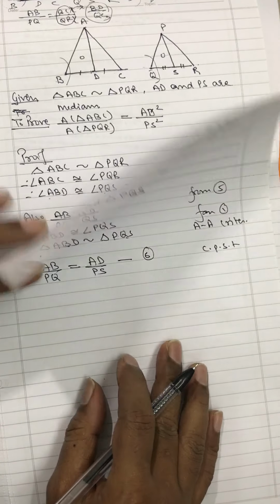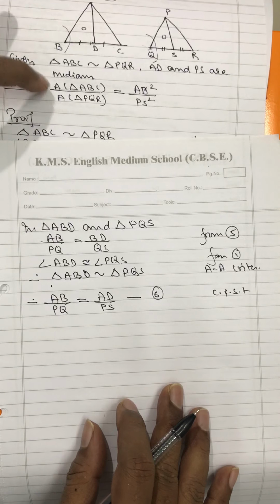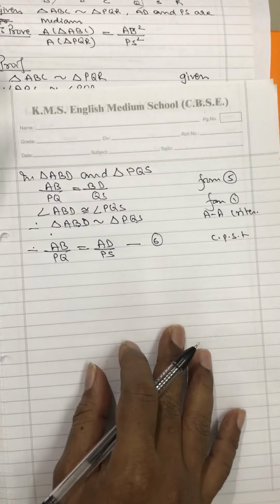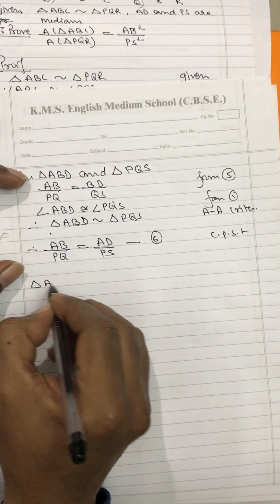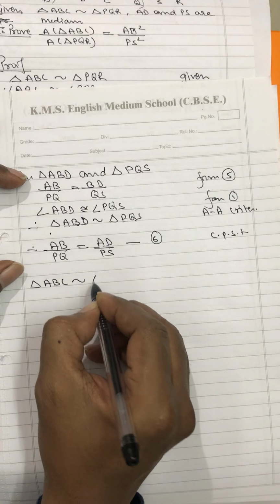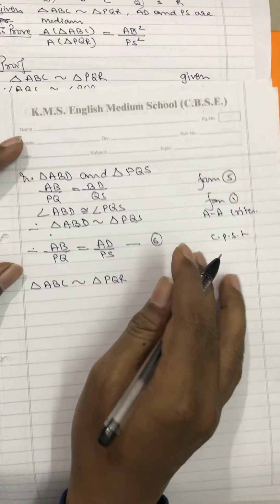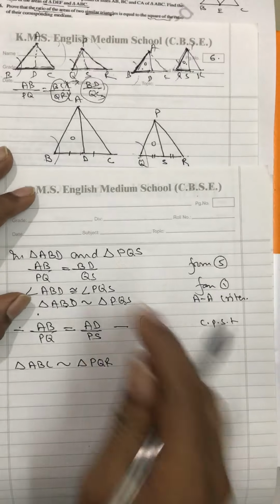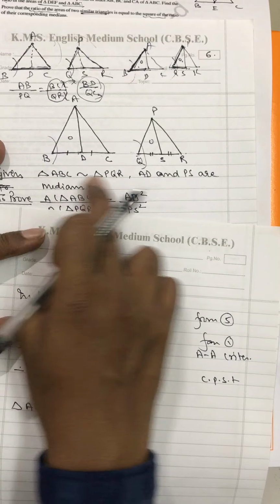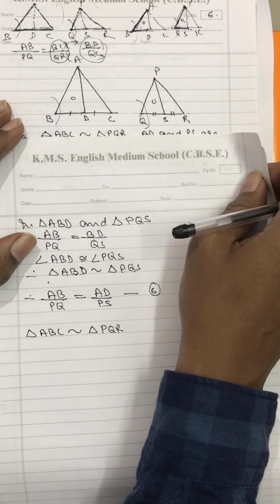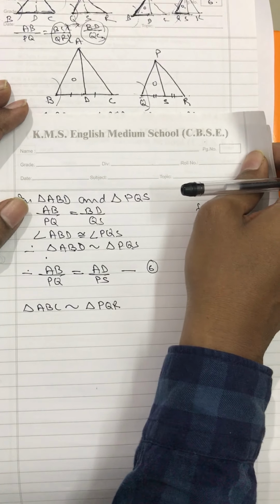Now you will again bring it to notice. Again, now you have to reach over here. Now triangle ABC is actually similar to triangle PQR, right? Triangle ABC is similar to triangle PQR. This is given to you. So what will I write?